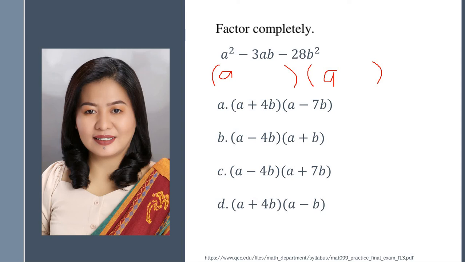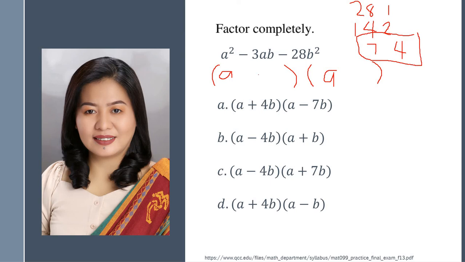Difference this time because this is minus 28 and 1, 2 and 14, and you have 7 and 4. So it will be 7 and 4. That will give you a difference of 3.